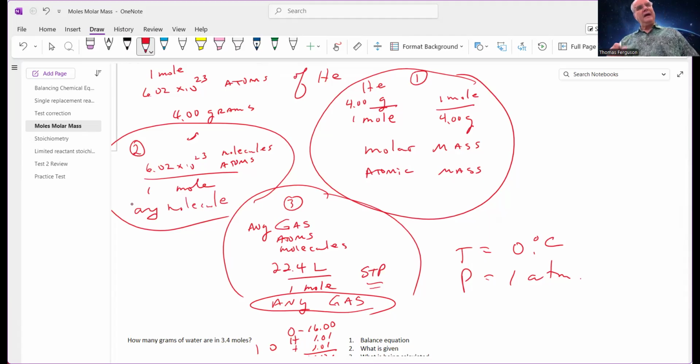However, for molar mass, it's extremely specific. You have to know what atoms you're talking about or what molecules. That's specific to the chemical. Okay? All right, and then you need a periodic table by your side.